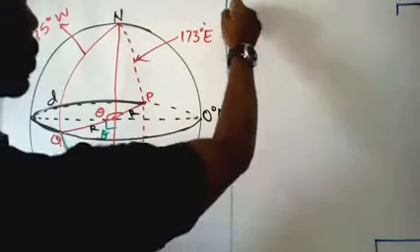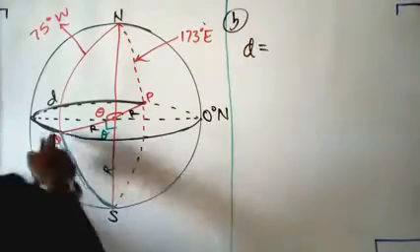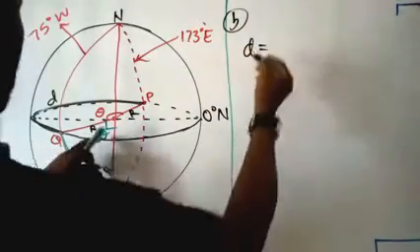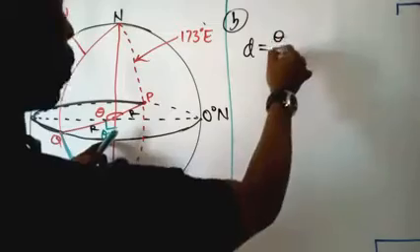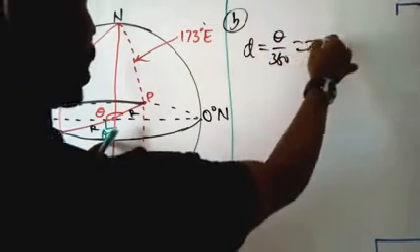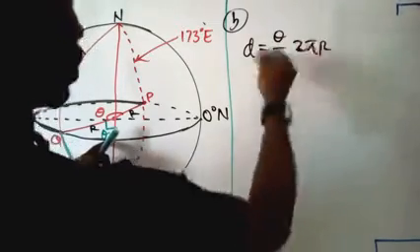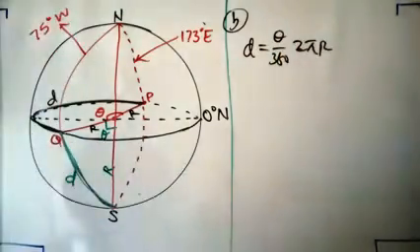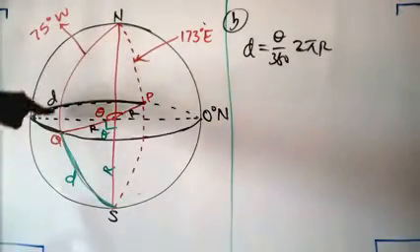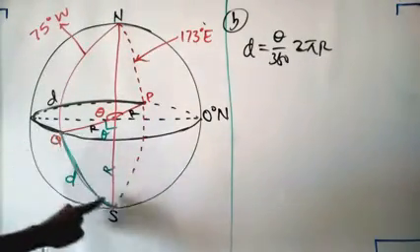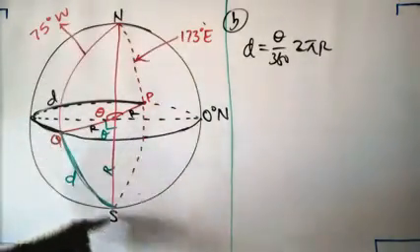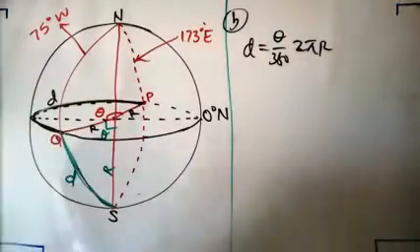So I'll be using 90 here. So I'll just find the distance. And the distance here will now be this theta over 360 times 2 pi r. Why am I using the same formula? It's because, look at it. This is a longitude, and this point and this point are on the same longitude. And longitude is a great circle, so I'm going to use this formula.